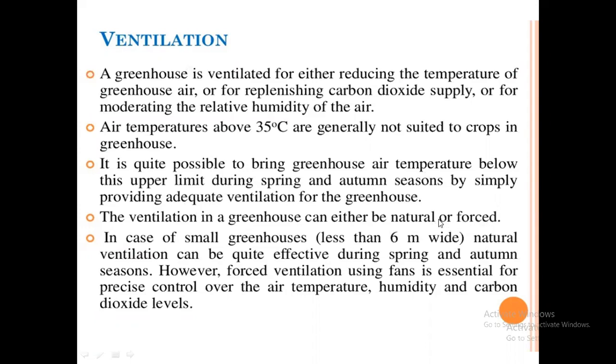Here the line is mentioned that ventilation in the greenhouse can be either natural or forced.